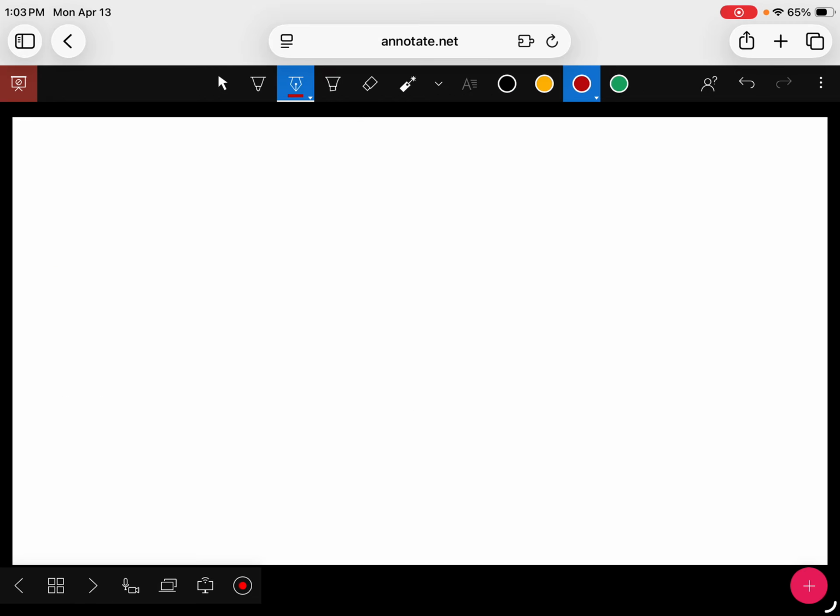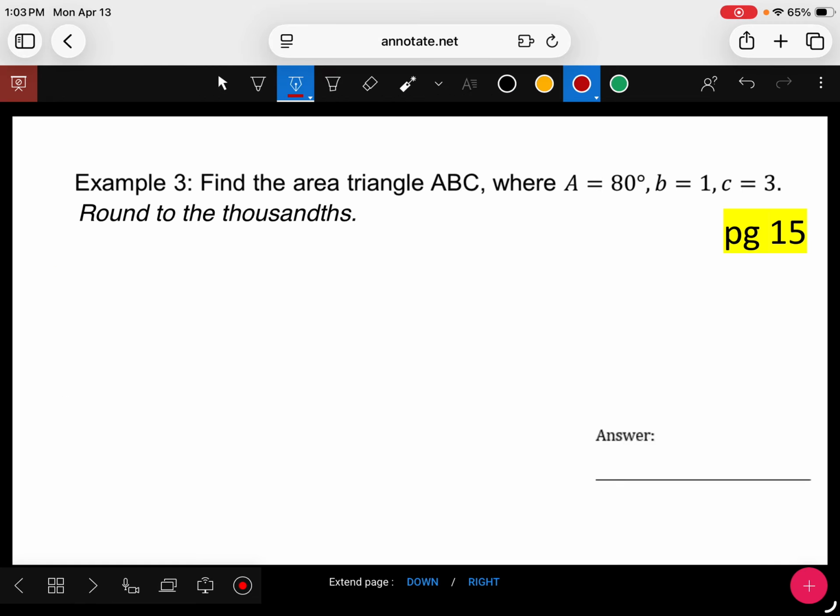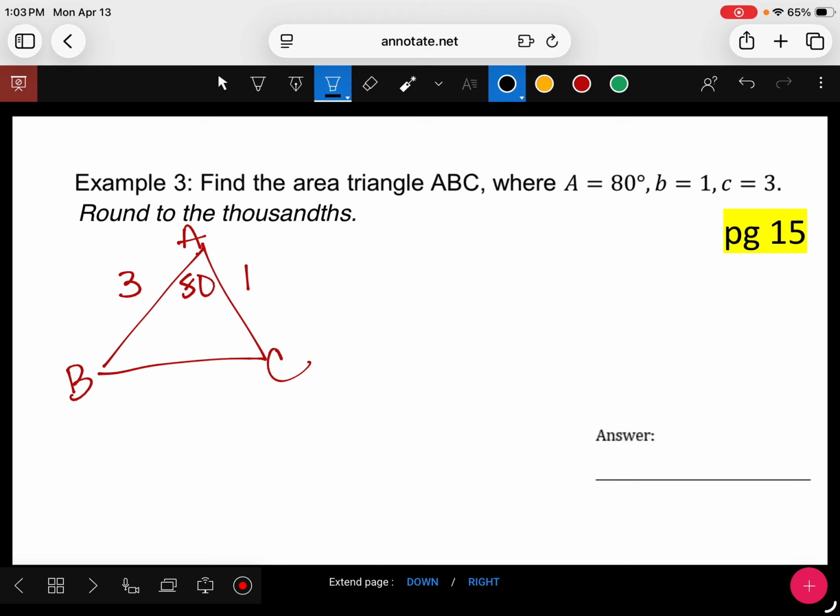All right, so now let's look at example 3. So we have triangle ABC. Angle A is 80, little b is 1, and little c is 3. So again, notice that we have 2 sides and the angle in the middle.